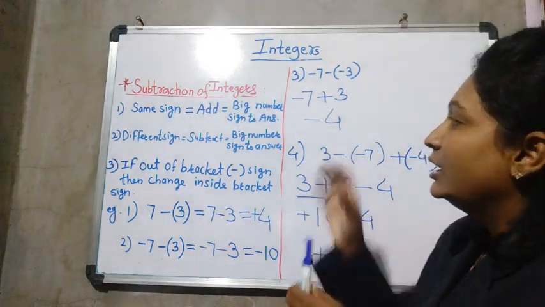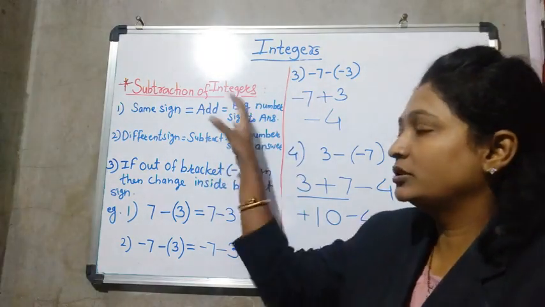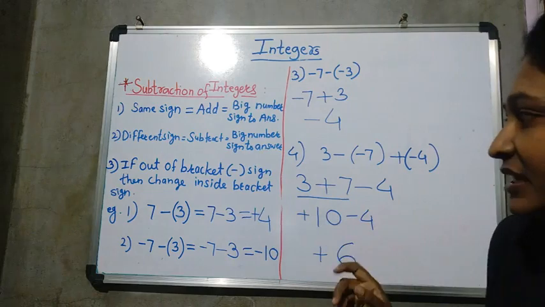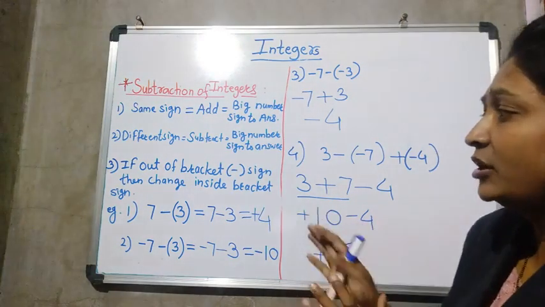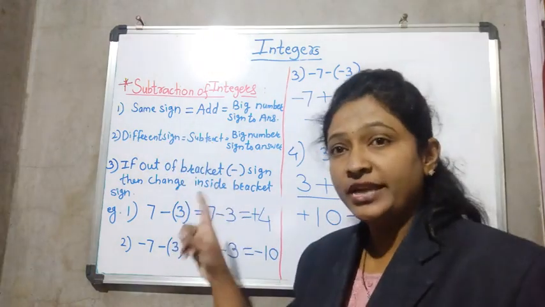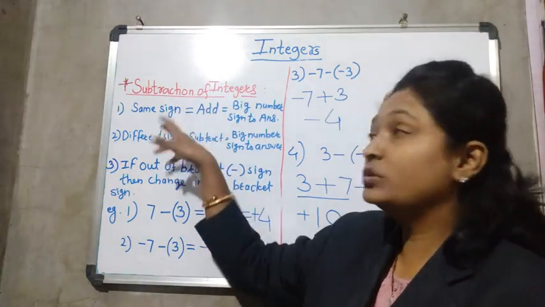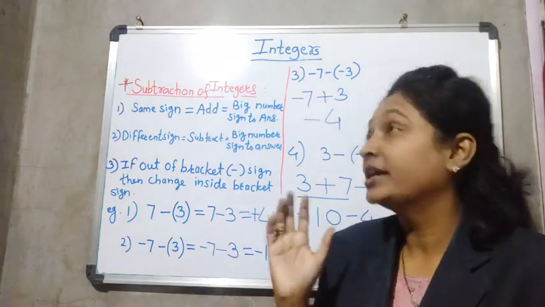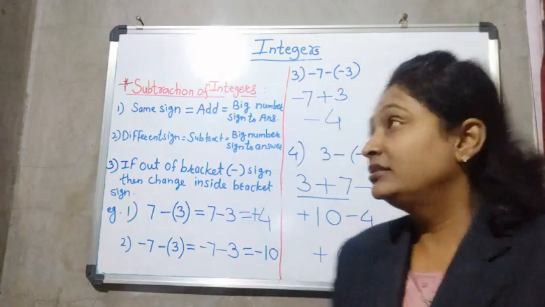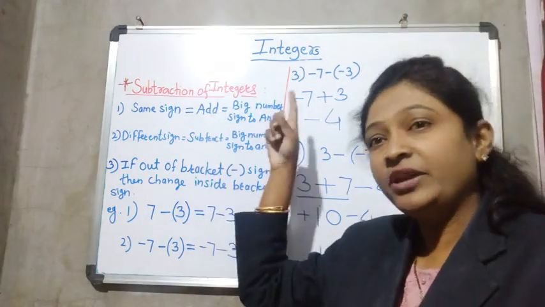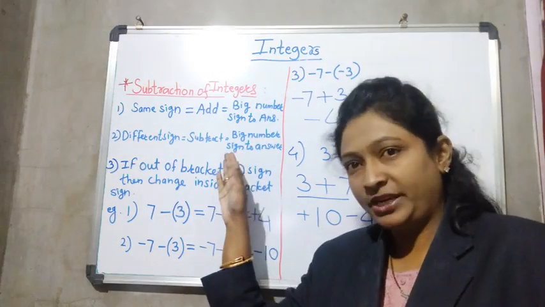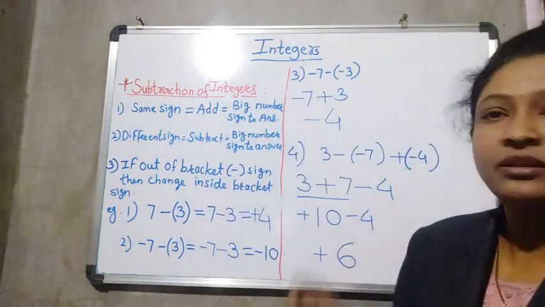Please learn these 2 or 3 rules by heart, and you will be able to solve the integer examples properly. Always remember the rules: these 2 rules are the same for addition and subtraction. If both numbers have the same sign, then we add the numbers and give the big number's sign to the answer, and if they have different signs, then we subtract the numbers and give the big number's sign.